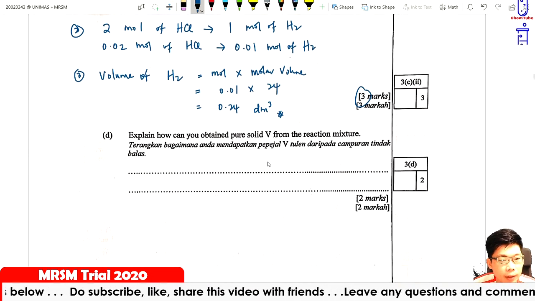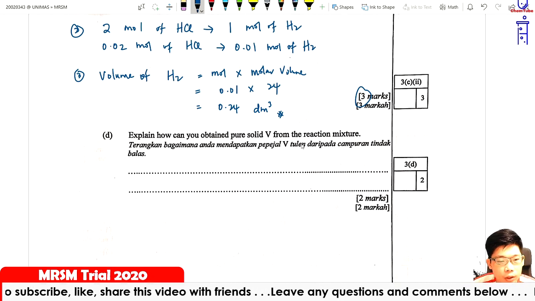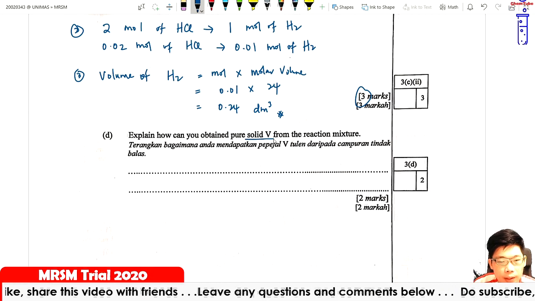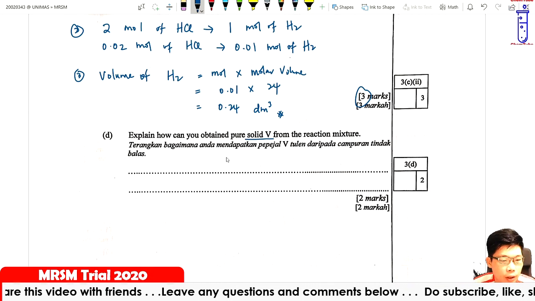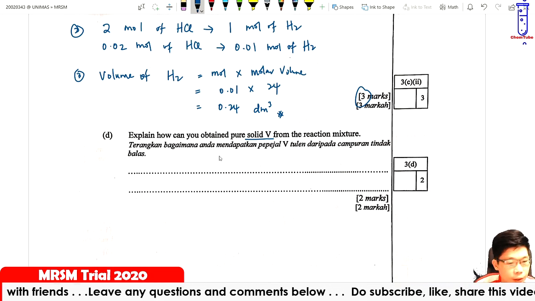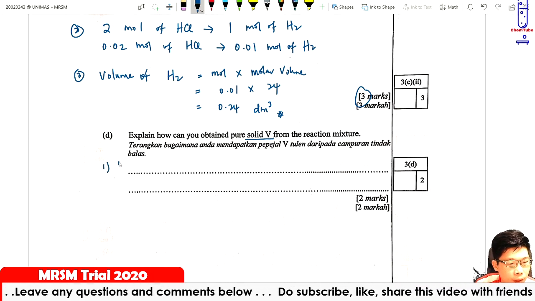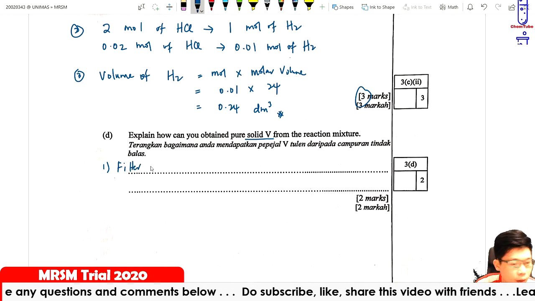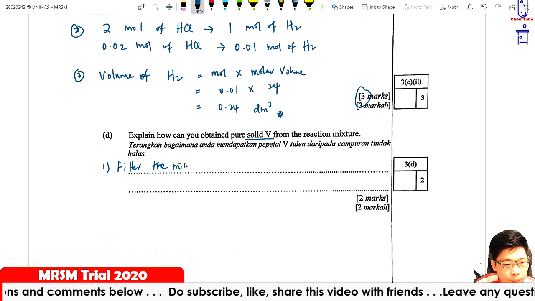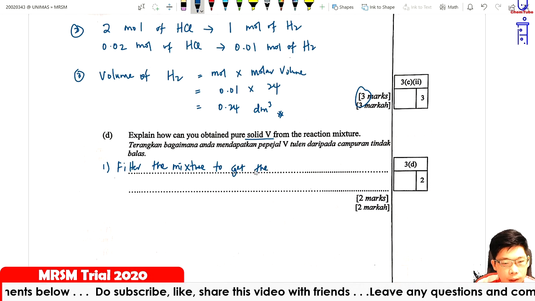So explain how you can obtain the pure solid V from the reaction mixture. Solid V is the precipitate. So how can we get the pure solid? First, actually we can elaborate more. First we can filter the mixture to get the solid.